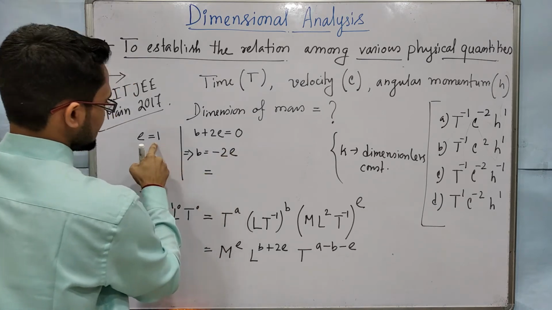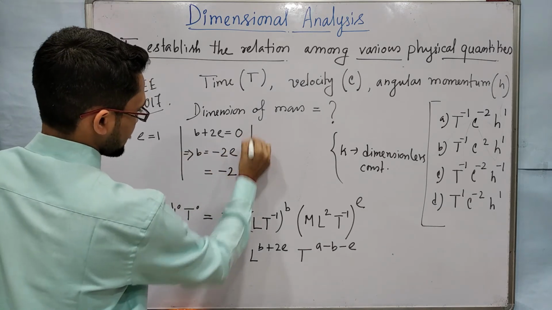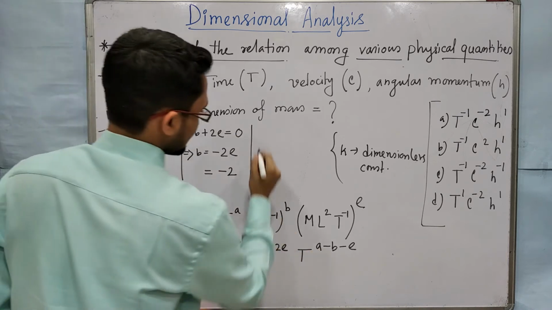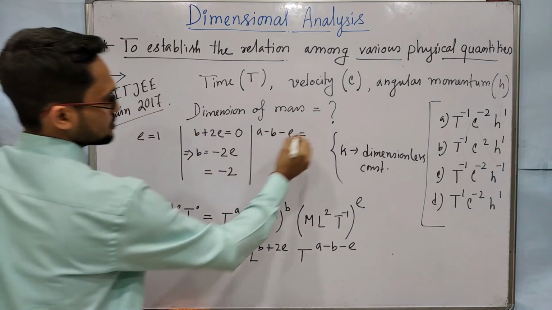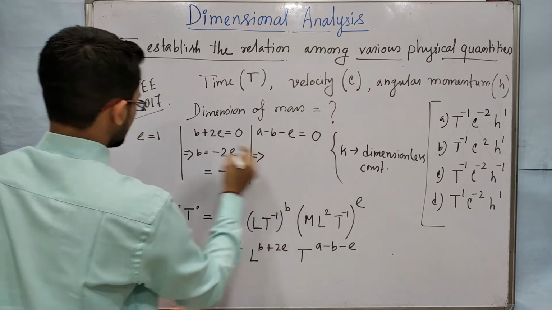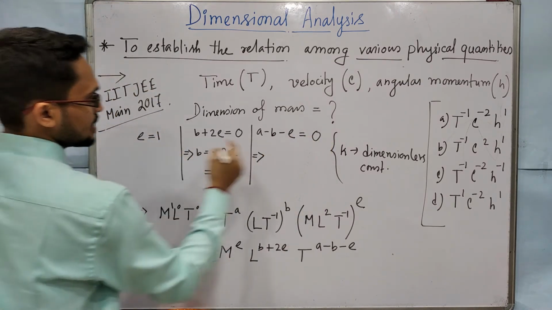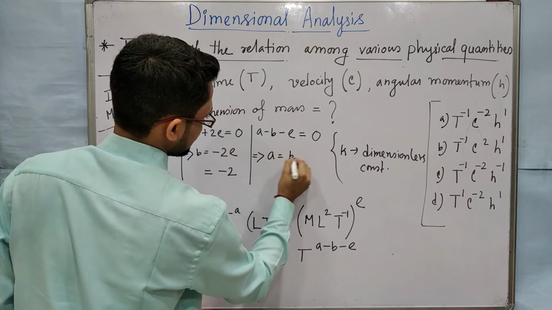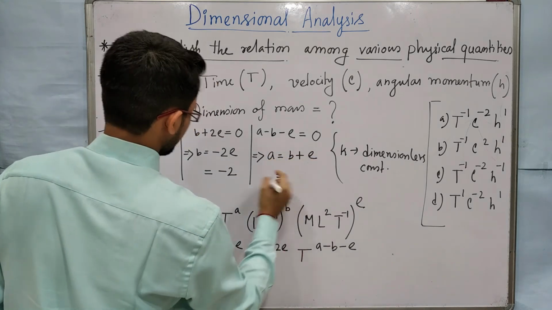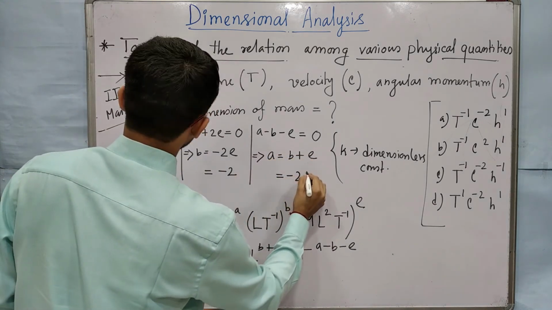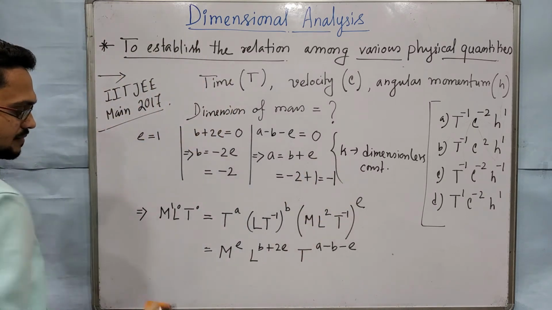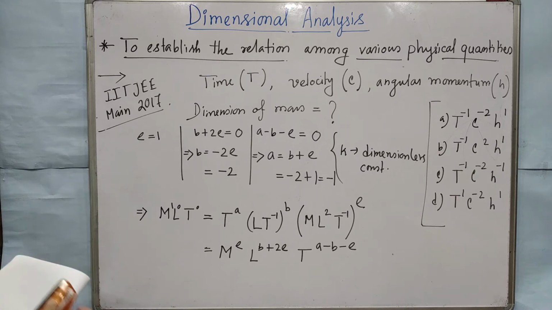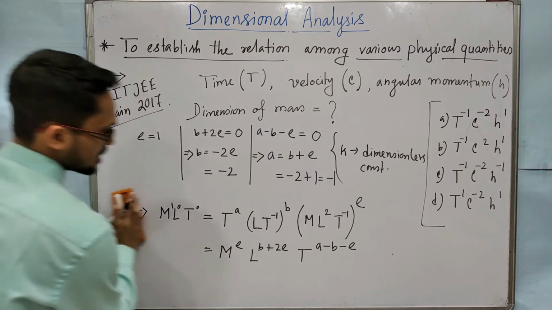That means E equal to 1, so B is minus 2. And then for T, A minus B minus E equal to 0. So A equal to B plus E, that means minus 2 plus 1, that equal to minus 1. Understand?